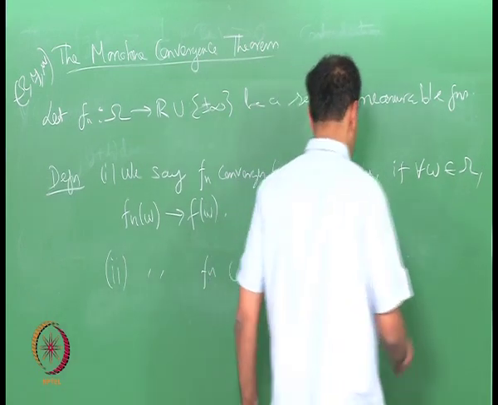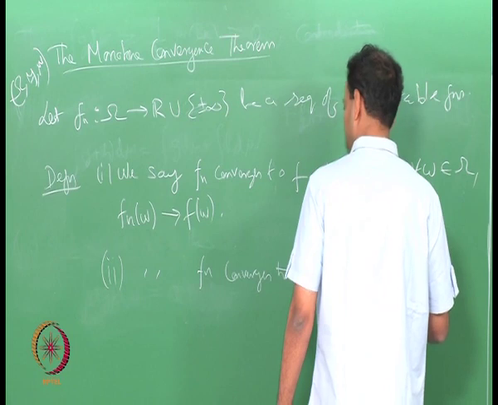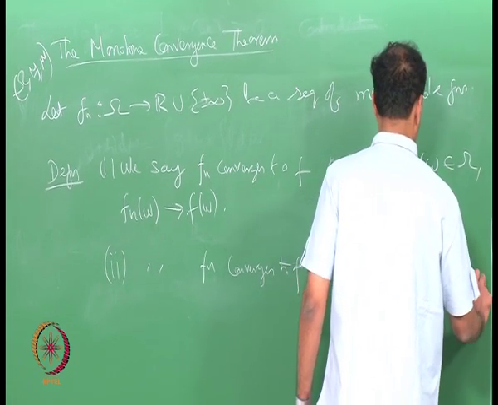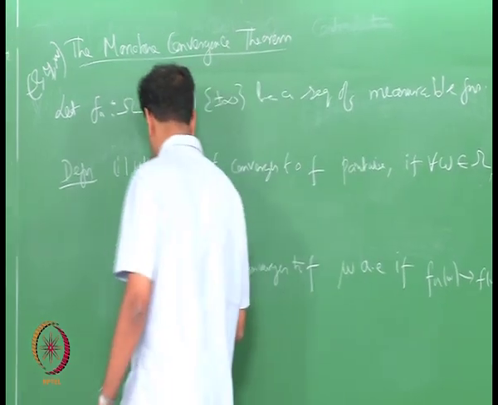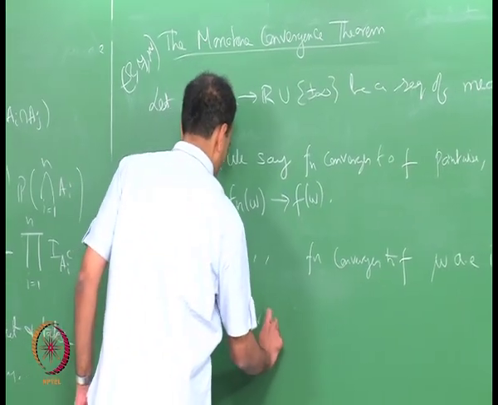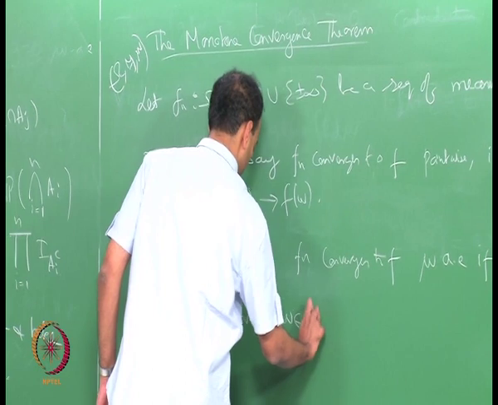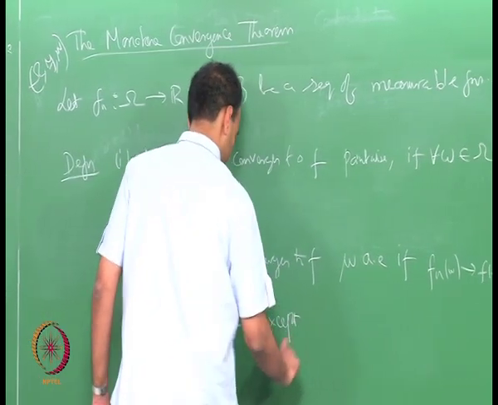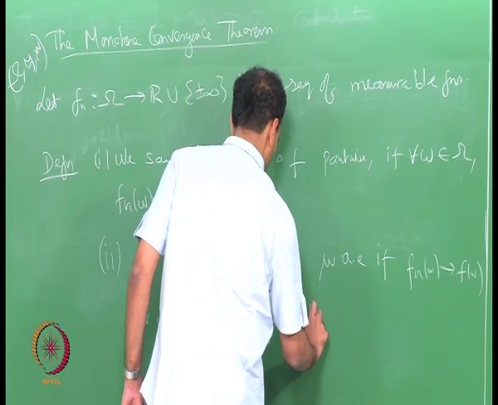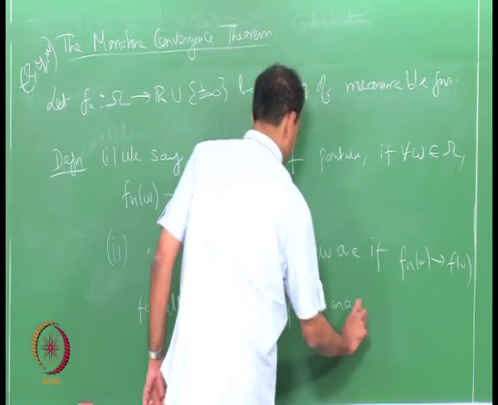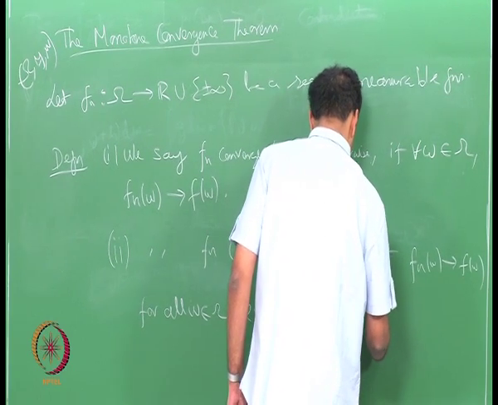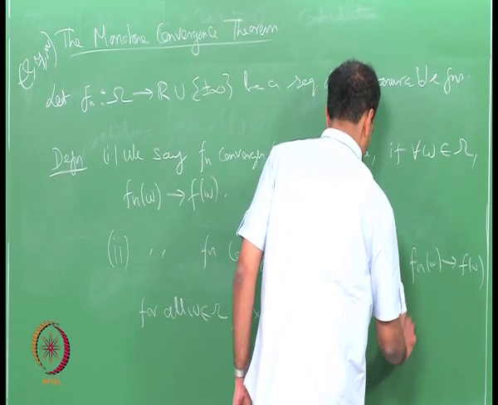If f n of omega converges to f of omega for all omega except perhaps on a set of mu measure 0.